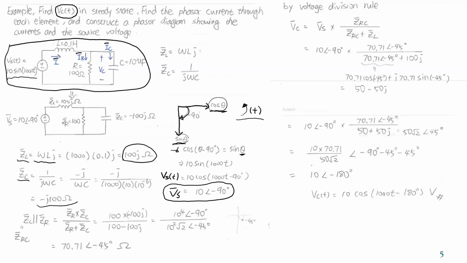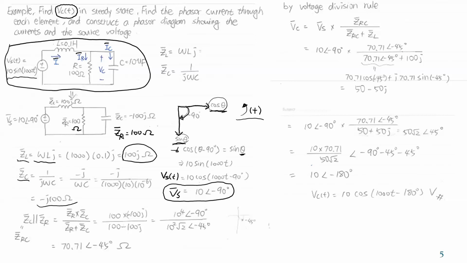Remember, the unit of impedance is ohm. And we have R. The impedance of the resistor ZR is just 100 ohm. The impedance of a resistor is just the same.